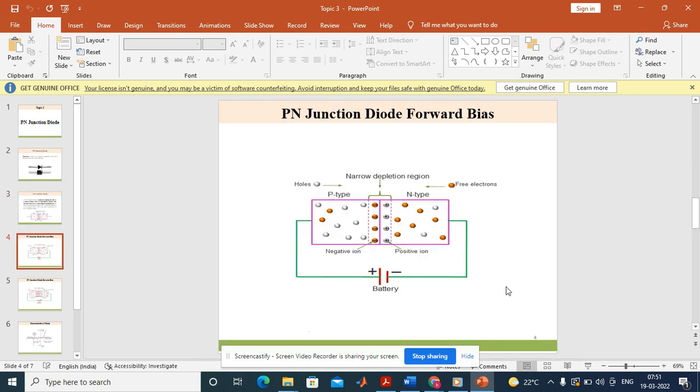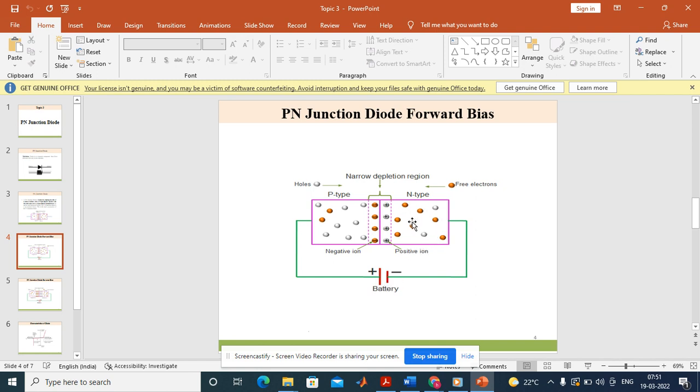Coming to the PN junction diode forward bias, to bias the PN junction diode for forward bias, the p-type material will be connected to a positive terminal, and the n-type material will be connected to the negative terminal. When the p-type material is connected to the positive terminal, the majority carriers of the p-type material, which are holes, will get repelled by the positive terminal and move towards the junction and cross and get into the n-type material.